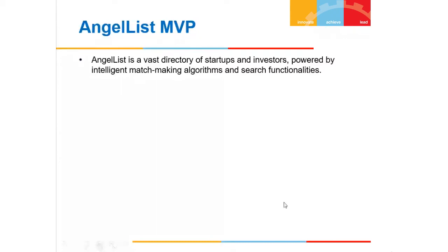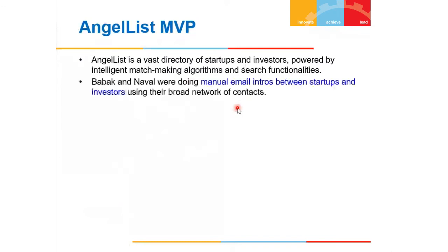So this was their plan, and they had a vast directory of startups and investors, and they wanted to use an intelligent matchmaking algorithm and search functionality. But what they did to start with was that these two people were doing manual email introductions between the startup and the investors using their broad network of contacts.